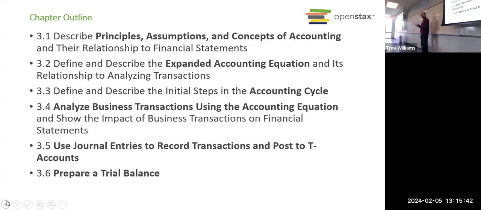I think we've talked about some of these concepts a little bit last week, but I'm sure they haven't completely sunk in. So hopefully by the end of this week, you'll see the big picture of how accounting works. And as we go forward in future weeks, it's all going to refer back to what we learned here. Okay? Does anyone have questions? All right.